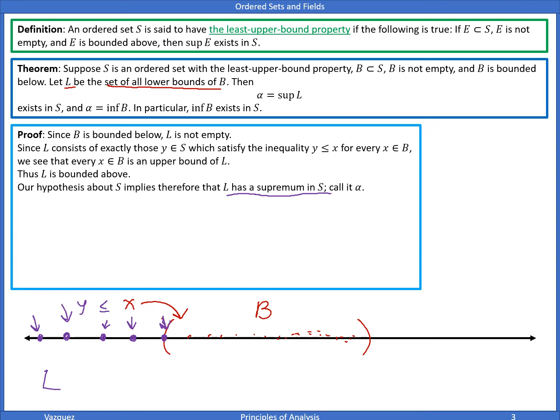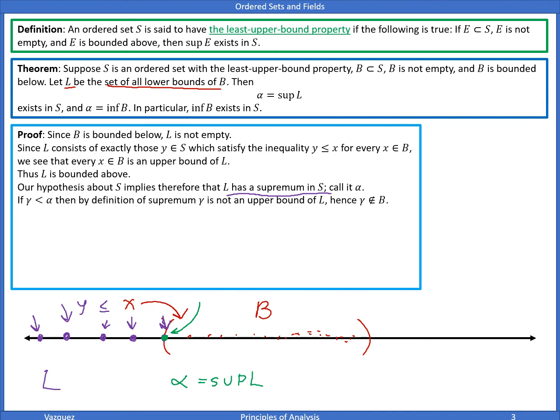So alpha, I'll put it in green, is the supremum of L. And here with the picture, you can see that this is going to be the supremum. It's the one at the top, or not the top, but the greatest. I should say the least upper bound, right? So that's a supremum, alpha.